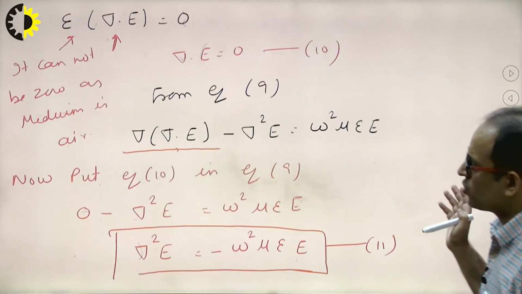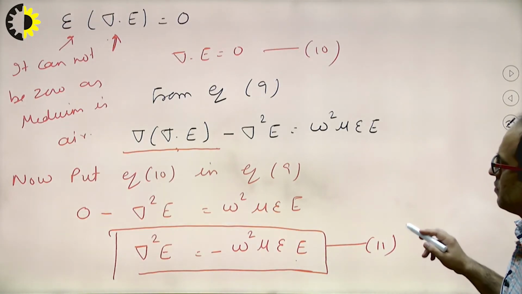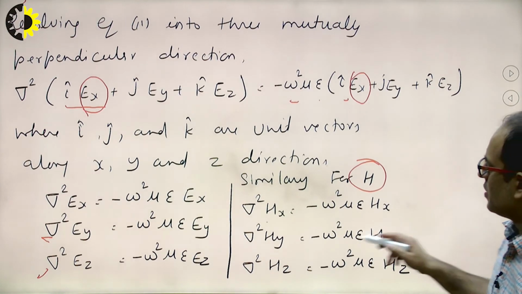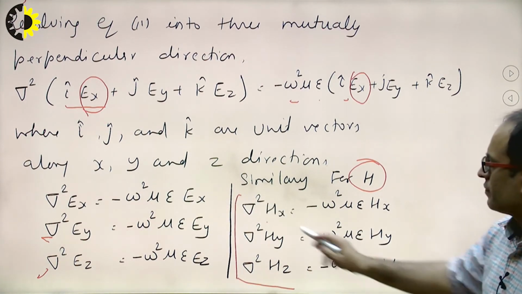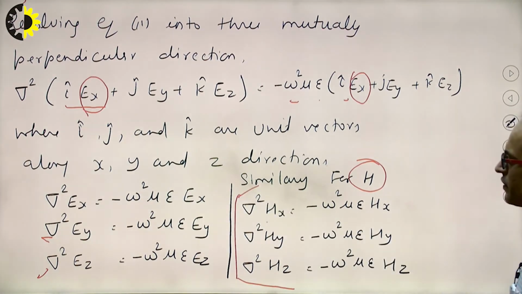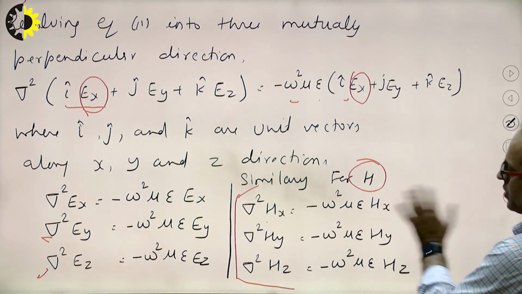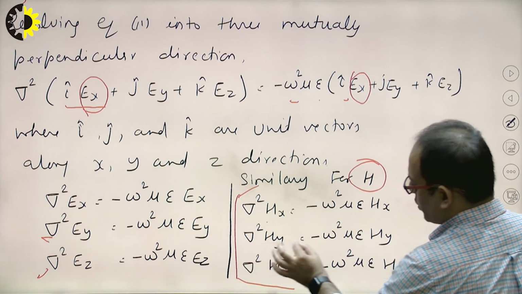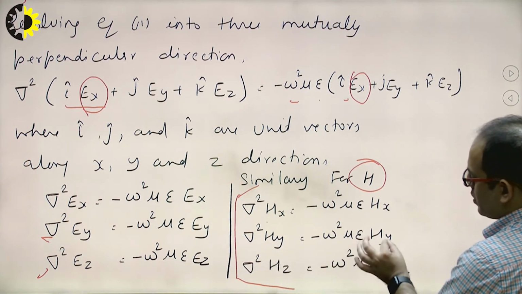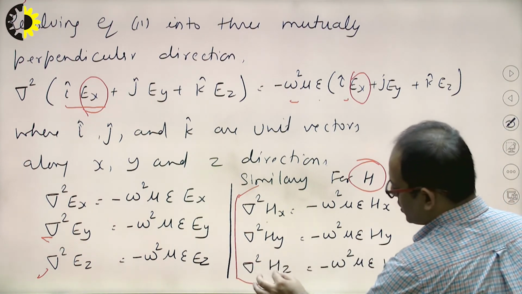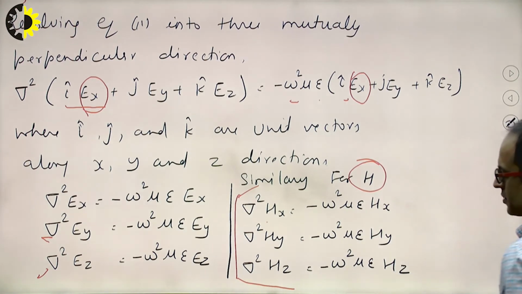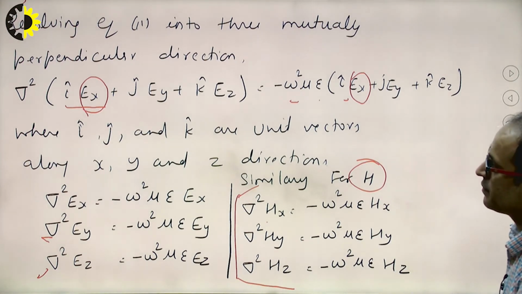Now using this equation, similarly I can find the components: del square Hx equals minus omega square mu epsilon Hx, del square Hy equals minus omega square mu epsilon Hy, del square Hz equals minus omega square mu epsilon Hz.